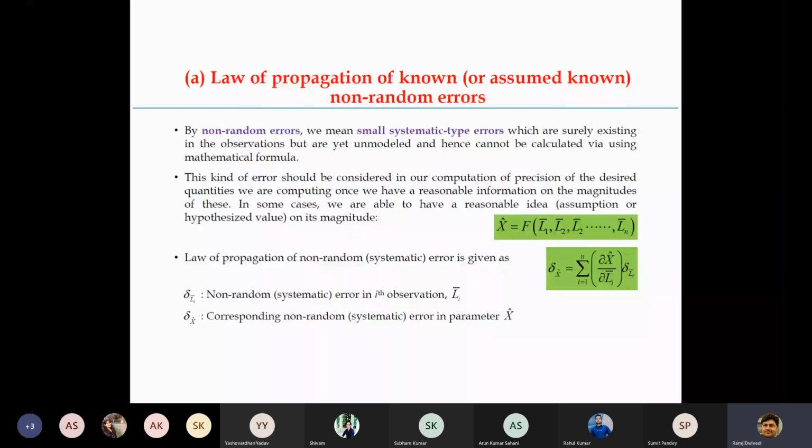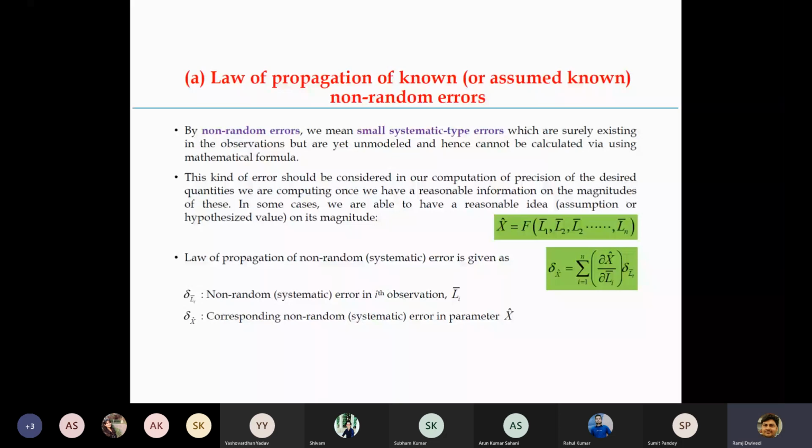Now the curious case is the difference between the two. One is the case which we are reading right now on the slide, of small systematic type errors. Please remember, it is a small systematic error.